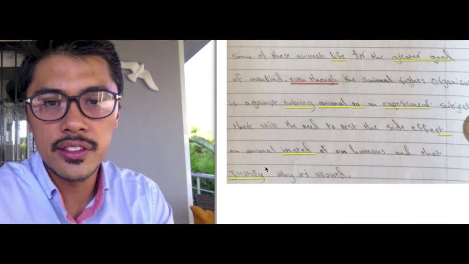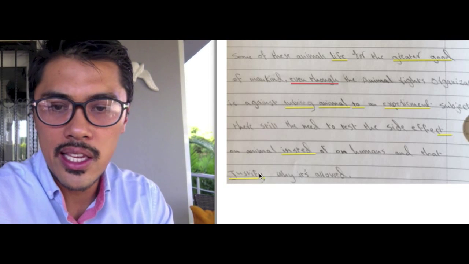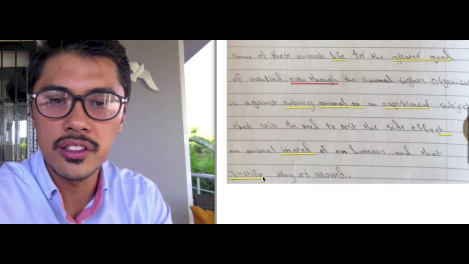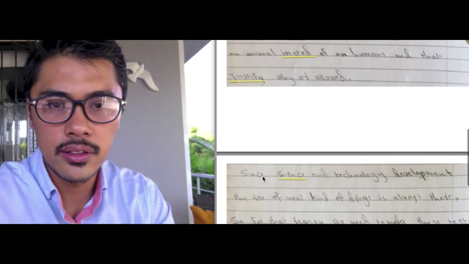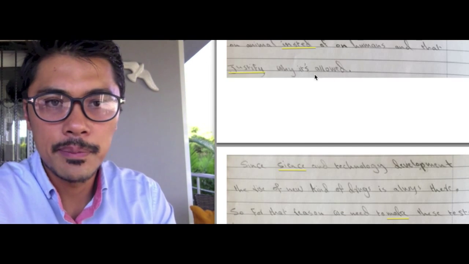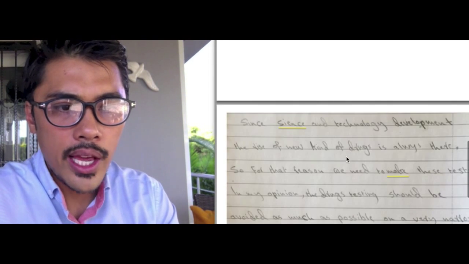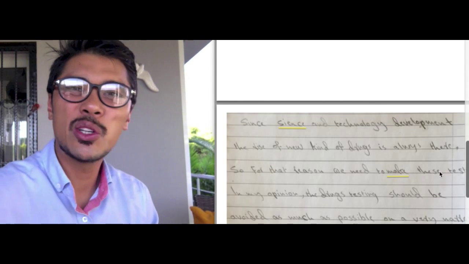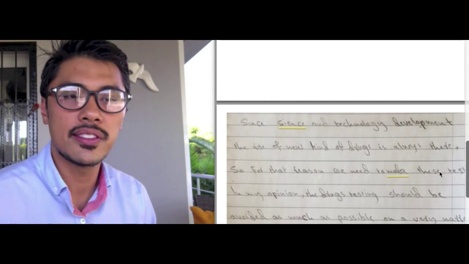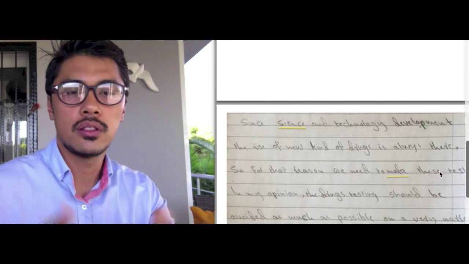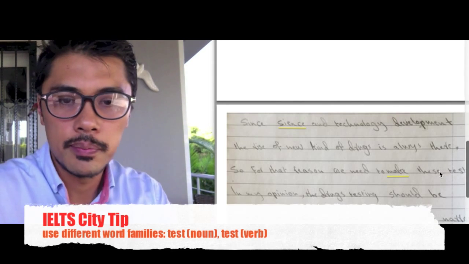And that justifies I-E-S instead of the Y, I-E-S, or justified, past tense, that means past tense by the way, why it's allowed. Okay, make tests, nah, don't use make tests, maybe conduct tests, conduct experiments, or they test, use test as a verb.